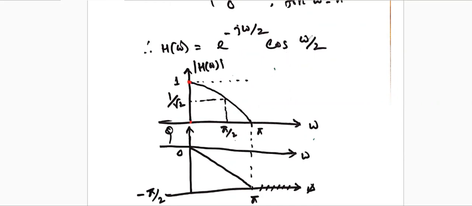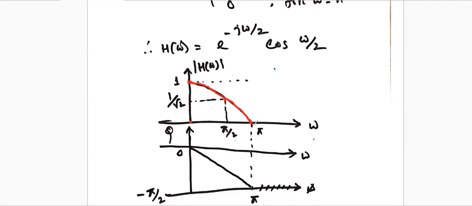For omega equals pi by 2, put pi by 2. It gives pi by 4, that means 45 degrees. So whatever the value, you'll find the amplitude is equal to 1 divided by √2. At omega equals pi, that is pi by 2 is 90 degrees, cos is equal to 0. So this is how you can plot the magnitude response.